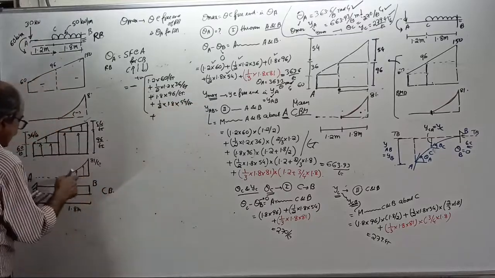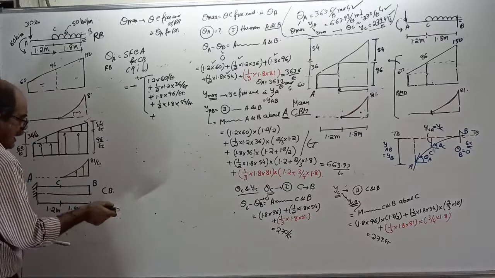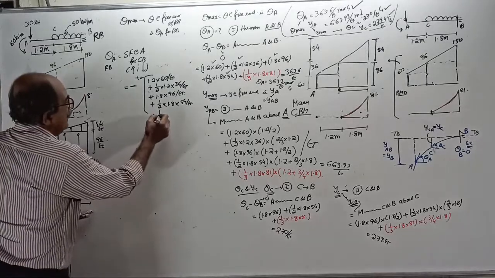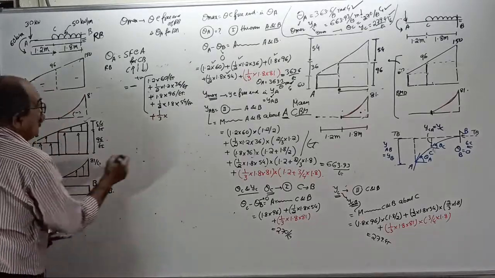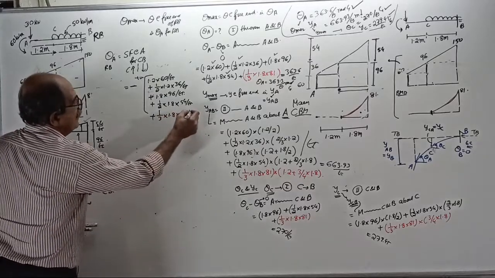I forgot to tell. Every calculation, as in the moment-area method, divide by EI is there. Plus this area, the formula for the area bounded by a parabola, that is 1 by 3 of 1.8 into 81 by EI.